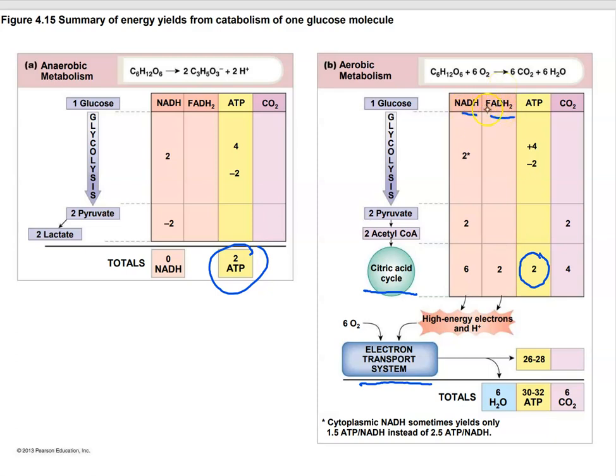The electrons from the hydrogens will power the electron transport chain, and the hydrogen ions, the protons, will form the basis of getting this concentration gradient going. Then we're going to release the energy that we have built up in that concentration gradient by letting the hydrogen ions go down the ATP synthase molecule. Think of it like a hydrogen waterfall turning the turbines, and in this process we are generating lots and lots of ATP.